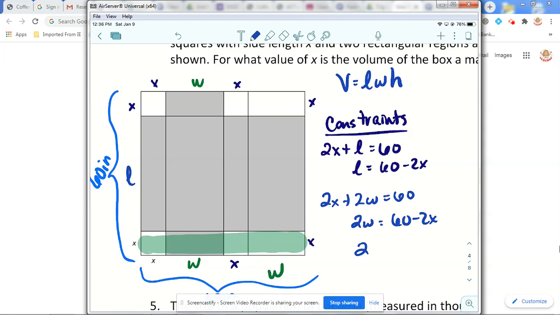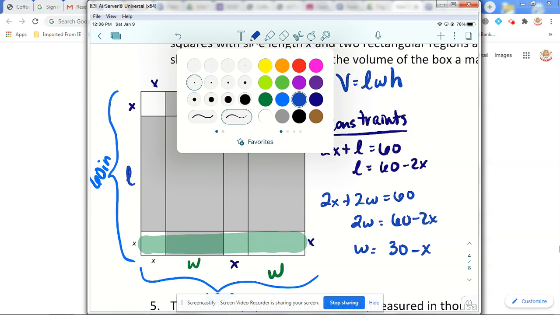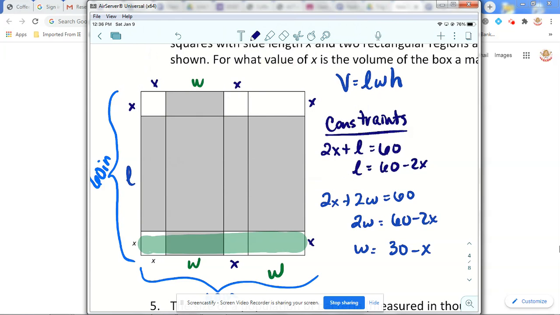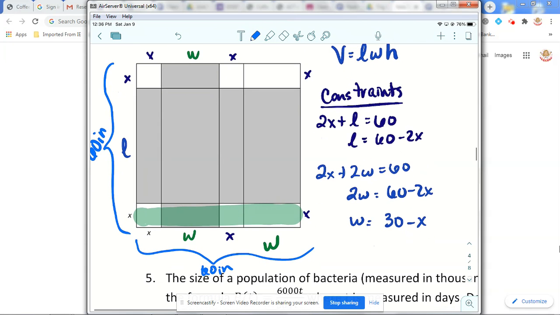All right, so divide 3 by 2. That's W. And then I don't want H either, so the height of the box ends up being this X. So like whatever you're cutting out ends up being the height.